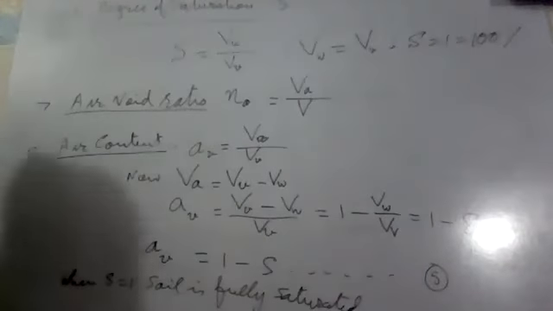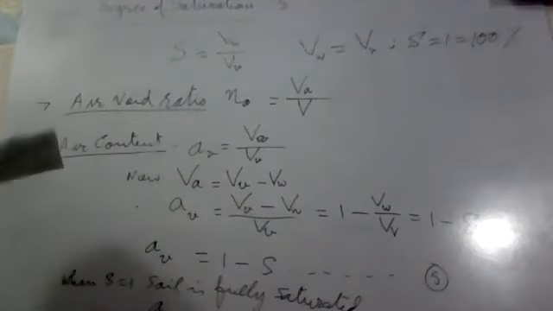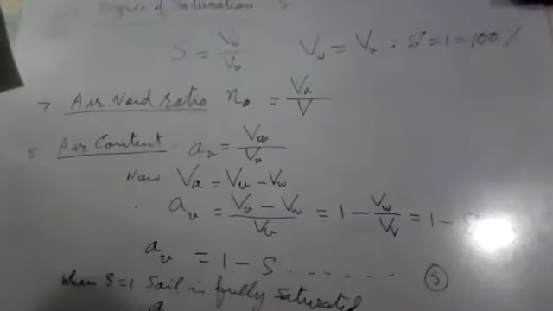Soil is fully saturated, then ac is equal to 0, because there will be no voids for air.